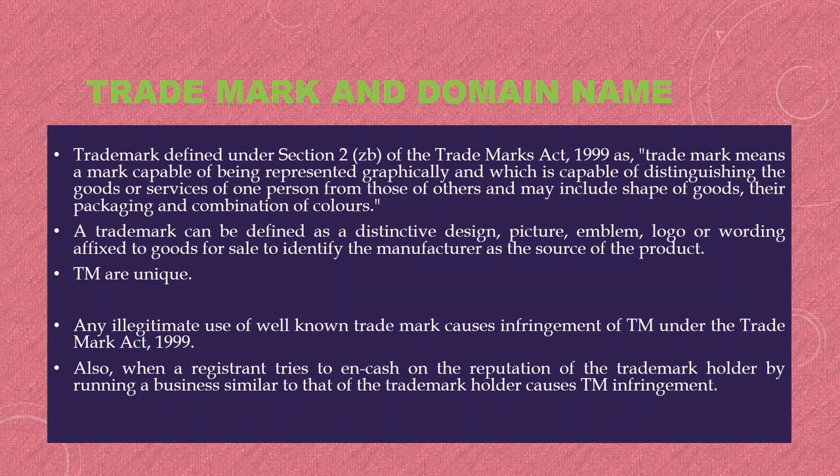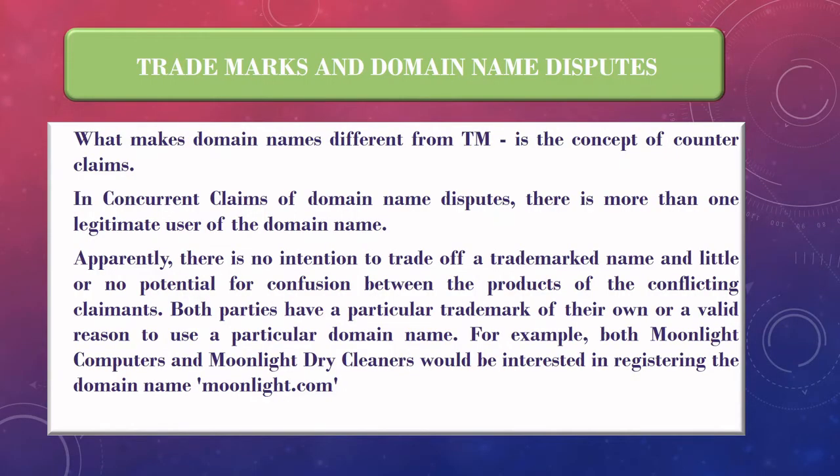Also, when a registrant tries to encash on the reputation of a trademark holder by running a business similar to that of the trademark holder, then it also amounts to trademark infringement. What makes domain name different from trademark is the concept of counterclaims. Now, what is counterclaims? Counterclaims of domain name is that there is more than one legitimate user of a domain name.